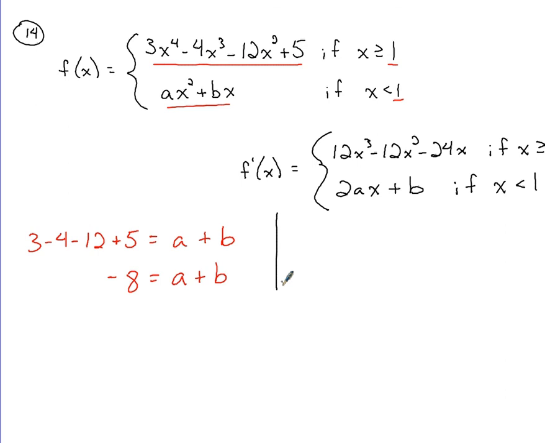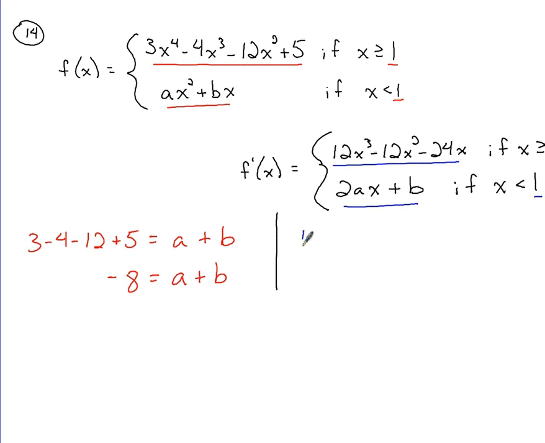Now, what we would consider to be the differentiable side, we try to match up pieces here on our derivative, knowing this idea is coming together where x is 1. So in a similar fashion, I start with this first piece, I take 1, I plug in for the x's.